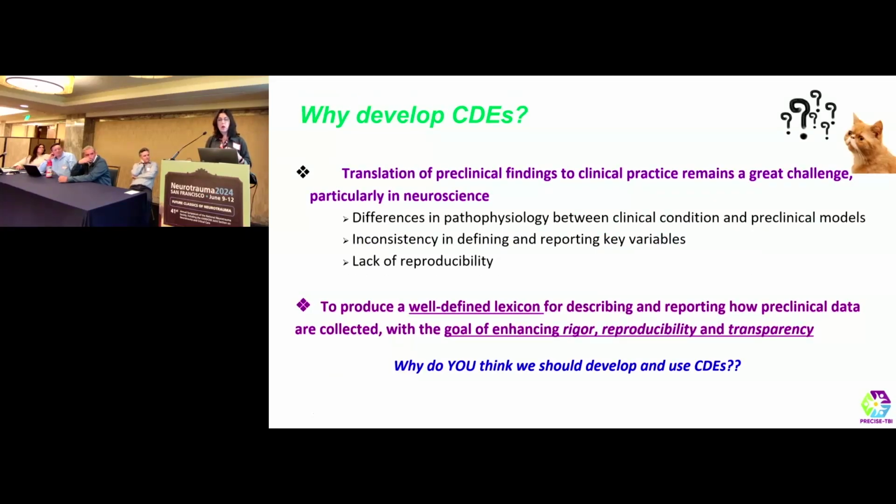So the question is, why are we doing this? It's not just because NIH wants us to share data or is mandating it, but because ultimately it's going to facilitate translation. I know that is a cliche. We all put that into our proposals, right? We want to improve translation because we have such poor translation in TBI.